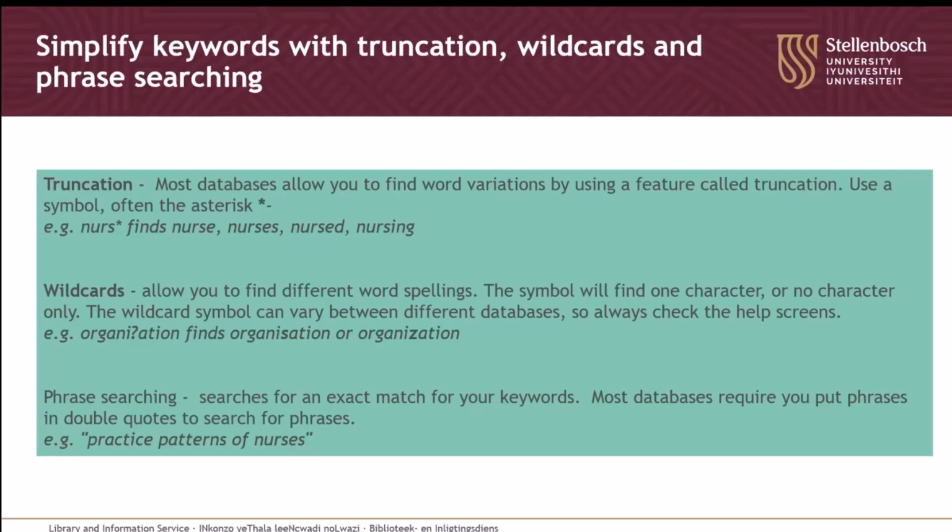Phrase searches mean basically if you have more than one word, then you will always put it in quotation marks, and then that will search practice patterns of nurses. So that will go into the database, and the database will only search that for you.